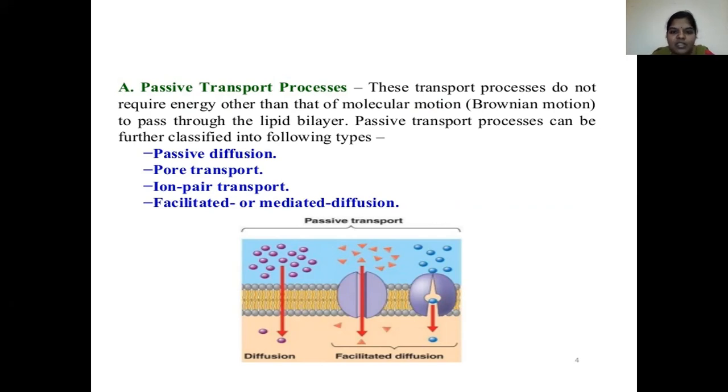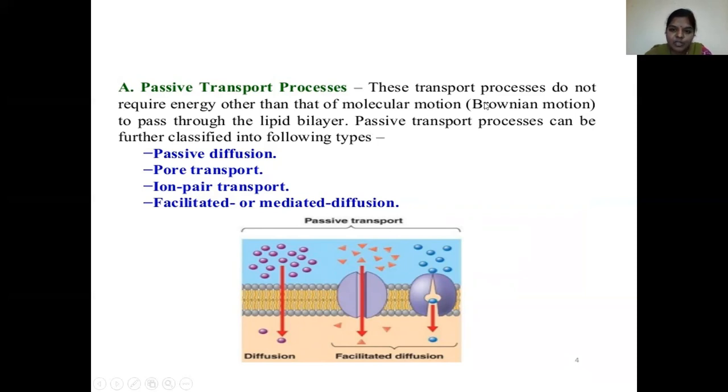Passive transport process does not require energy other than that of molecular motion, that is Brownian motion. What do you mean by Brownian motion? The randomized, orderless movement of the drug particles or solid particles to pass through the lipid bilayer.